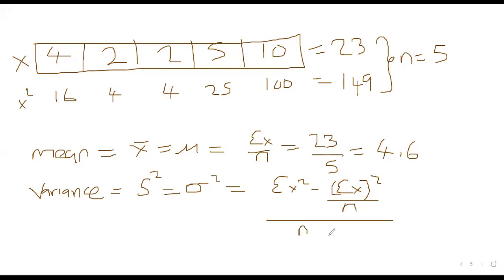If you divide by n, that is population variance. But if it's a sample, you do n minus 1. Question, how do we know whether it's a sample or a population? Okay, so here, x squared, we have 149 minus 23 to the power 2 over 5, everything over 5 minus 1.